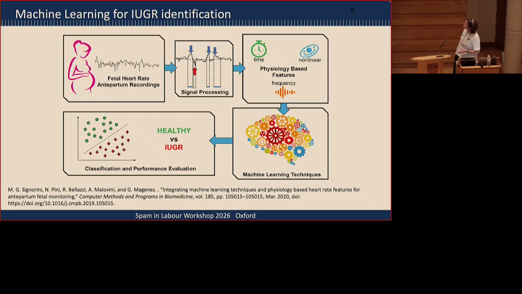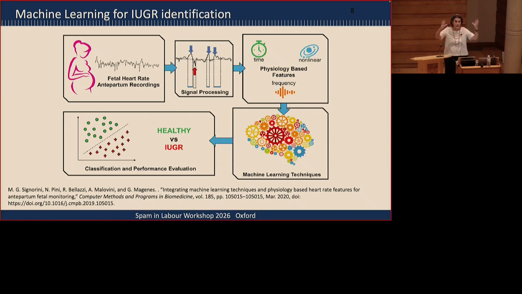The fetal heart rate was first processed, then different parameters and features were extracted, coming from linear analysis, time domain analysis, frequency domain analysis, but also nonlinear analysis.